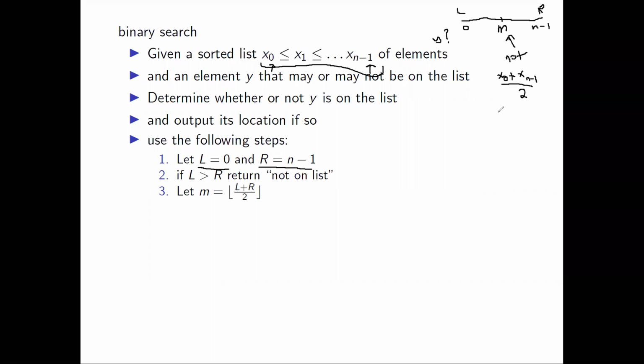It's definitely not that. Here we are only talking about x sub m. So x sub m is not the same as x sub 0 plus x sub n minus 1 over 2. It could be the same, but it doesn't have to be.